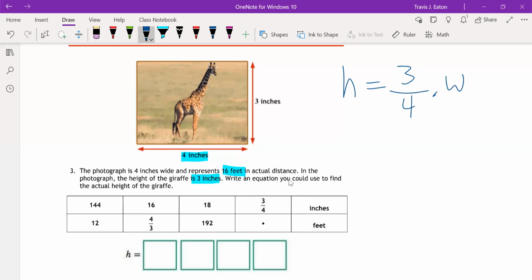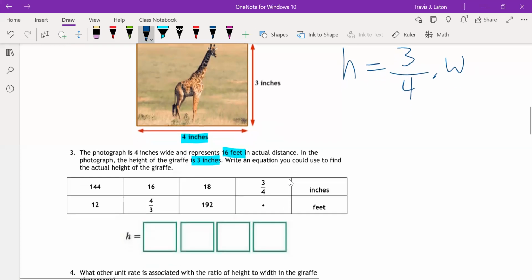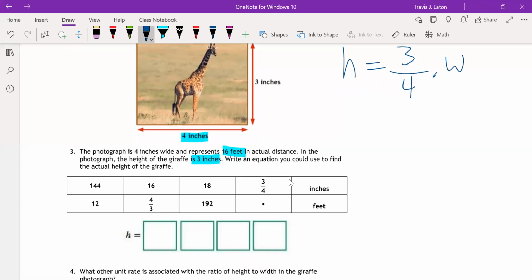Now, what is the width in the particular situation that they gave us? Well, it's 16 feet. So the height would be equal to 3/4 times the width, which is represented by 16, and that 16 is in feet.